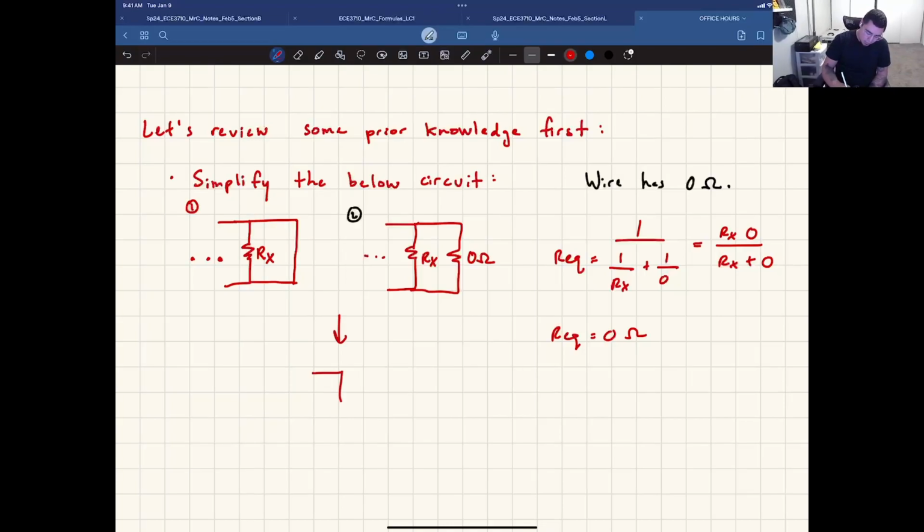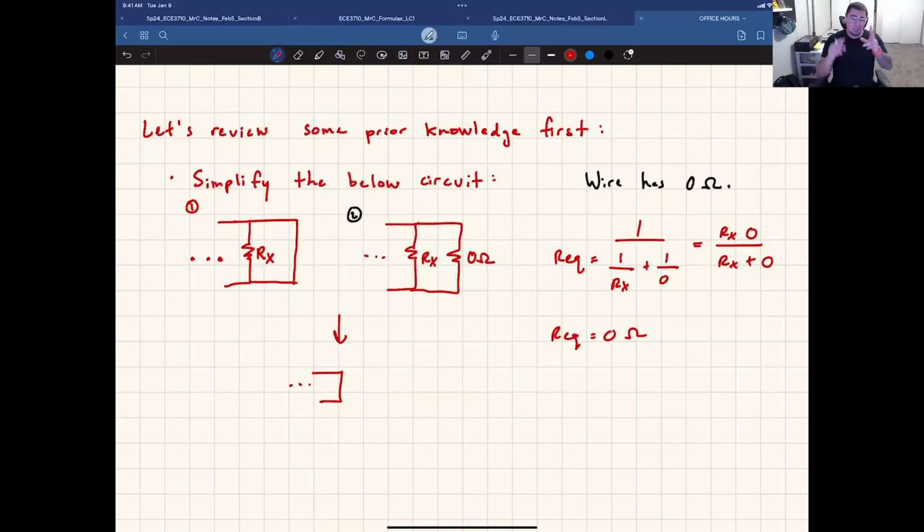So nonetheless, this becomes just a wire. So we've shown that whenever you have a resistor in parallel to a wire, you can get rid of the resistor. This is just using mathematics and the concepts of components being in parallel.